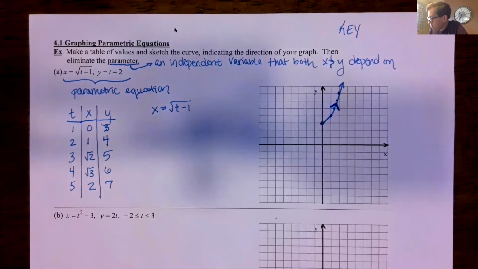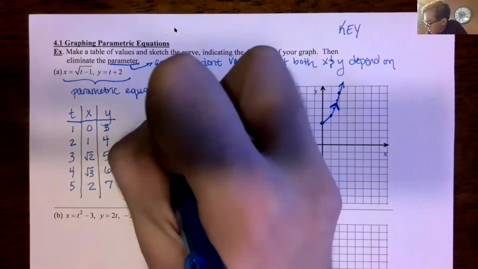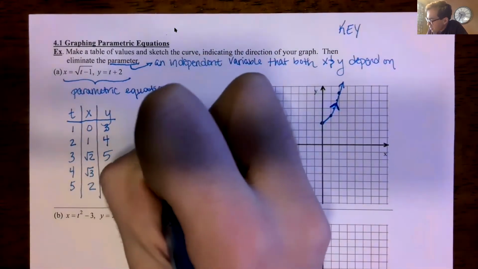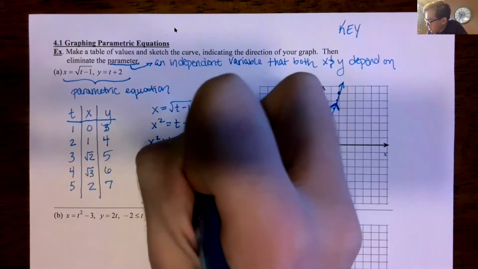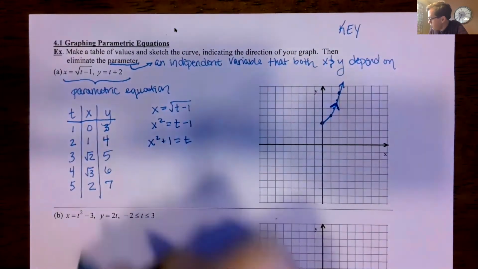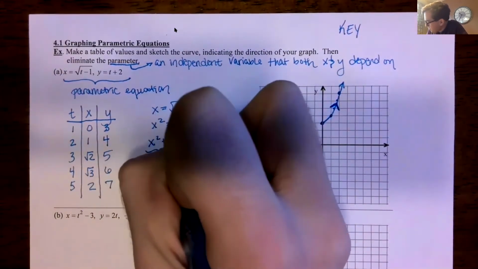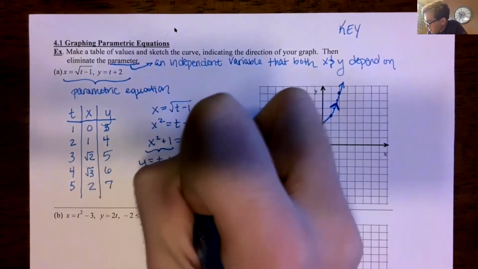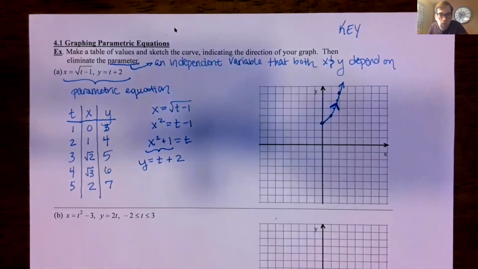So I'm going to solve this for t equals. So I'm going to end up with x squared equals t minus 1, x squared plus 1 equals t. And I'm going to use that to plug in for t in the y equation.